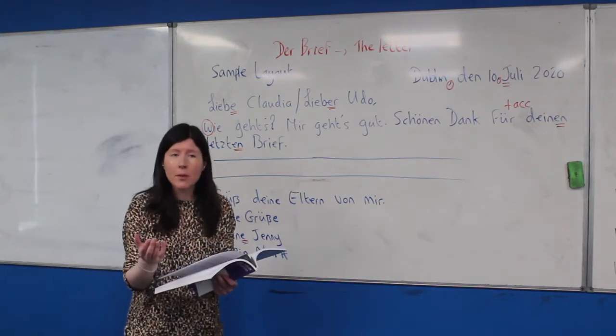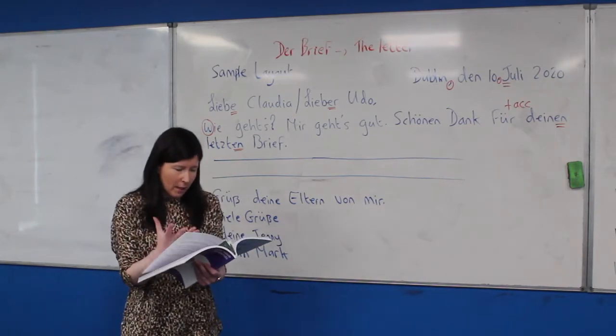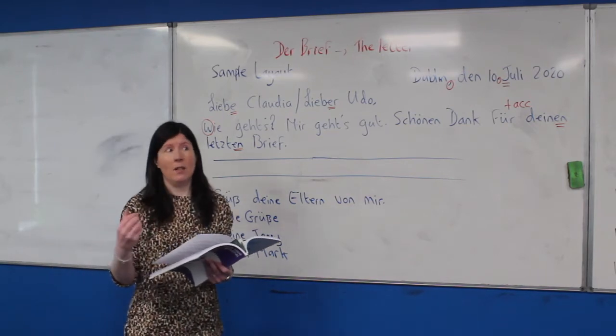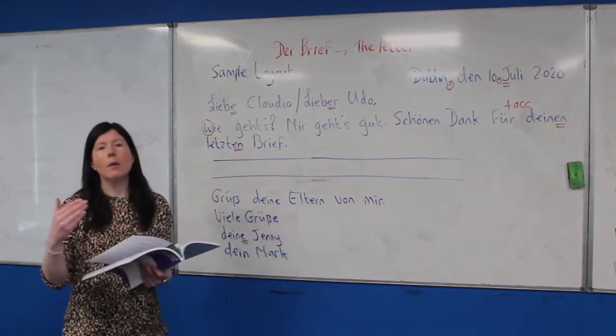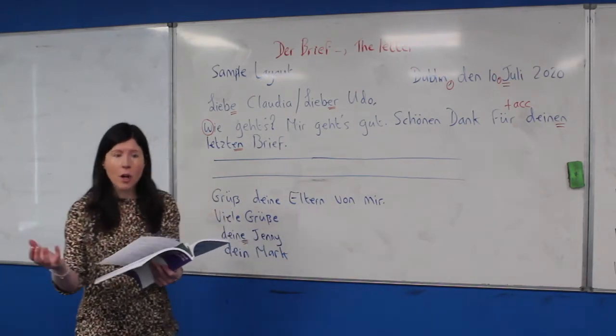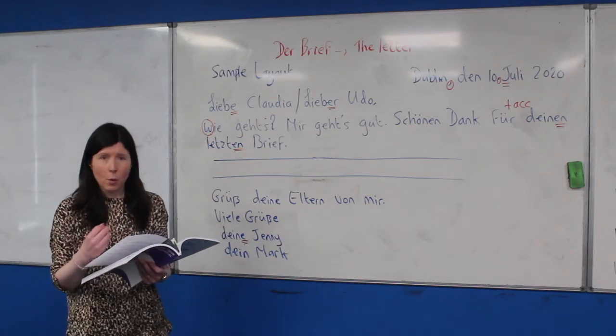So it was probably your birthday and they've sent you a gift, and you could say many thanks for your letter with a surprise, or it could be some news that maybe their sister is having a baby or something like that, or they got a new job, something like that. So that would work as possible letter openings.